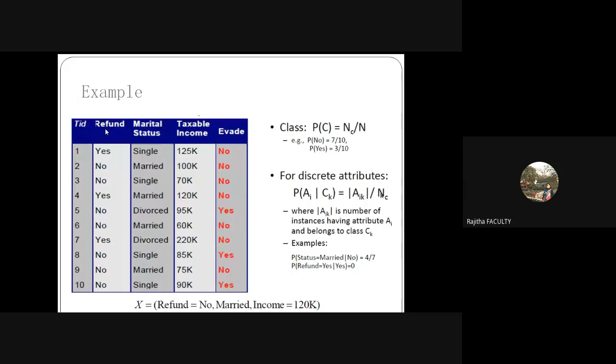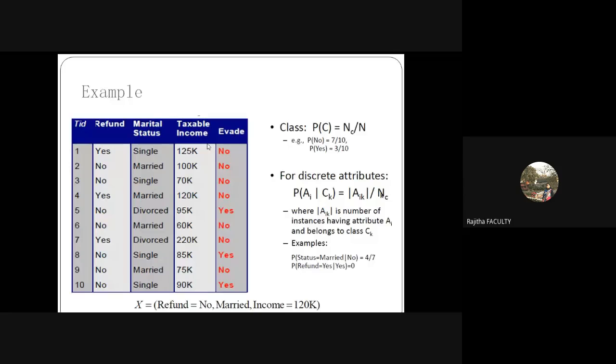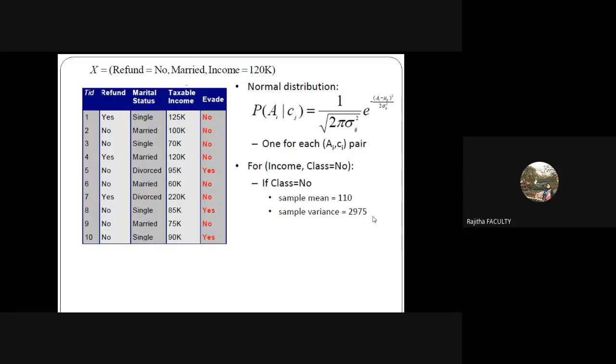And similarly, if you have any field which is numeric, you cannot find the probability for numerical values directly. Then you need to find the normal distribution like this, based on the mean and standard deviation. I'm not going into depth of it right now, but like this, you can handle numeric values.